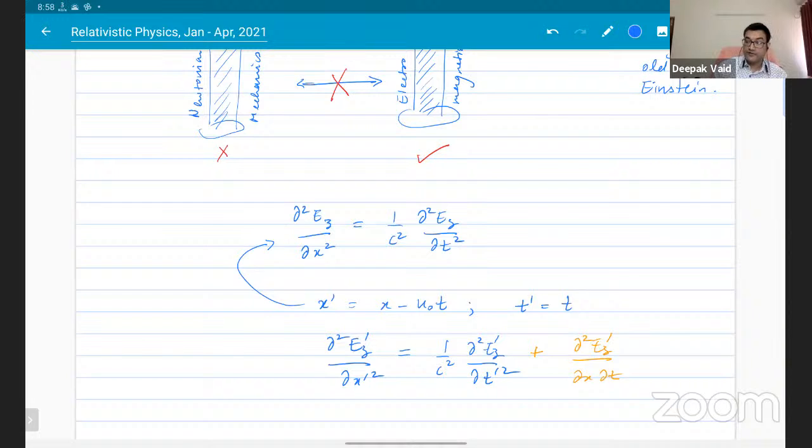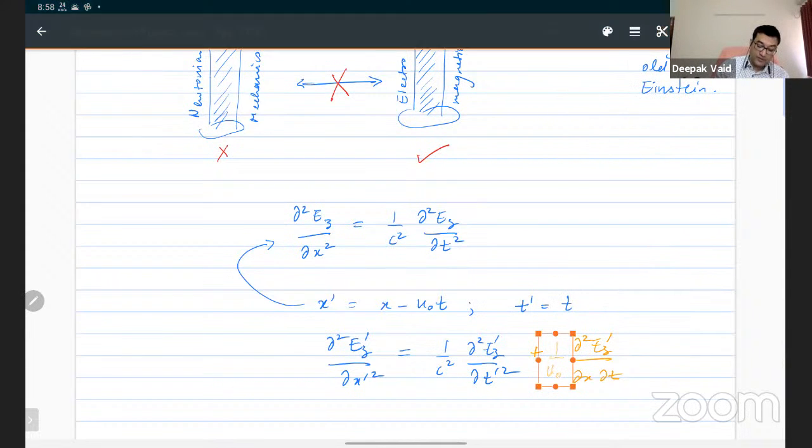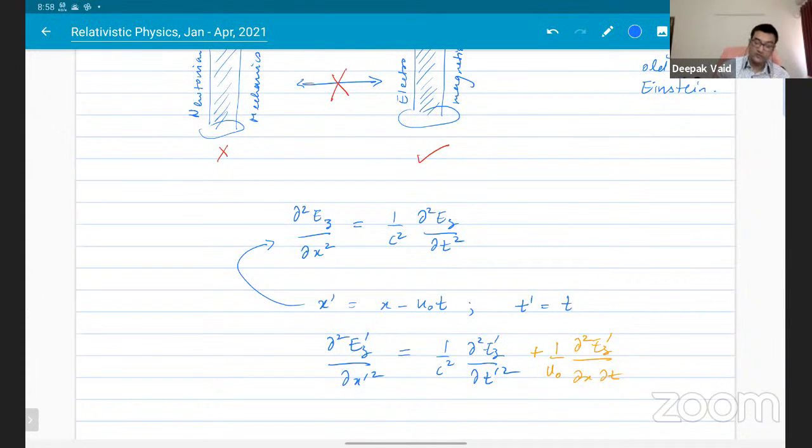And if you perform this experiment and you didn't find this term, then you would say that you are at absolute rest. But if you found this term, and I think there would be a factor of 1 by u naught also in here somewhere, if you found this term, then you would be able to measure your absolute speed with respect to other observers.